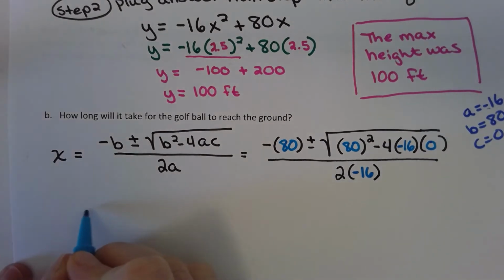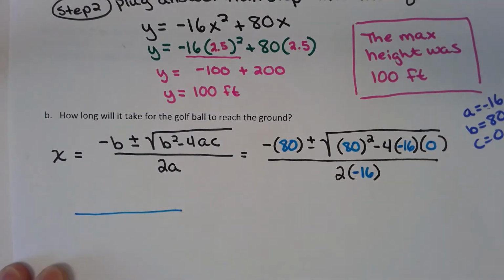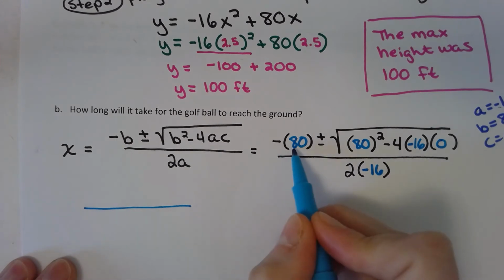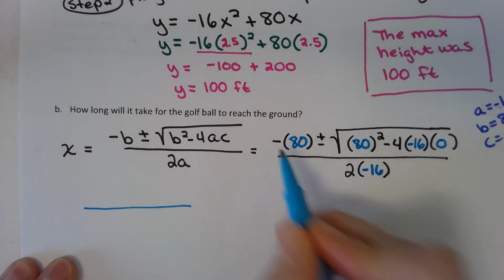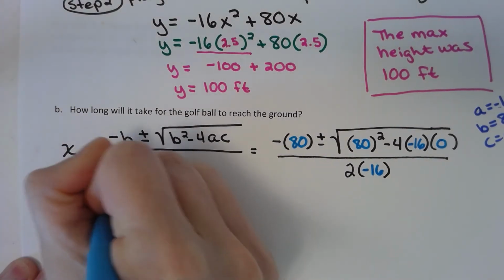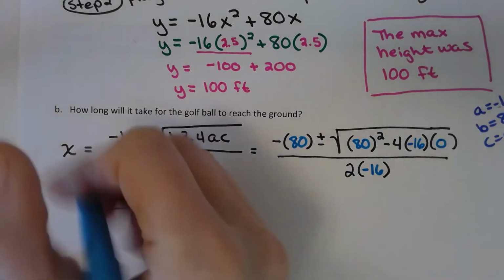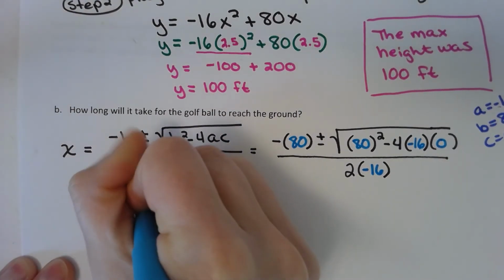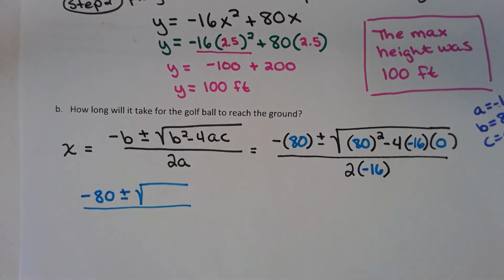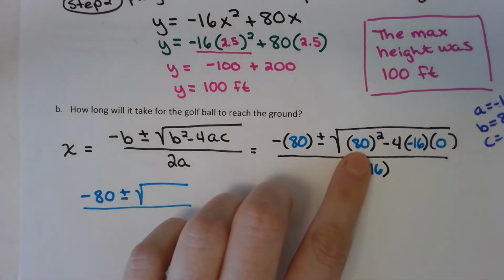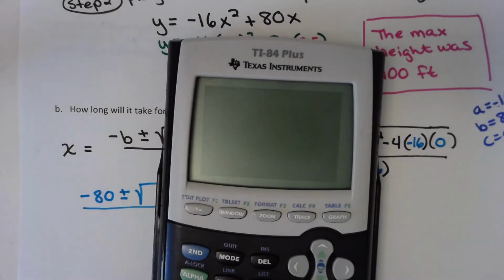So I'm going to come over here, make my new bar. When I have negative 80 like that, if it's only got one negative sign, it stays a negative number. So I've got negative 80 plus or minus the square root. Now inside my square root, I have 80 squared, which gives me 6,400.